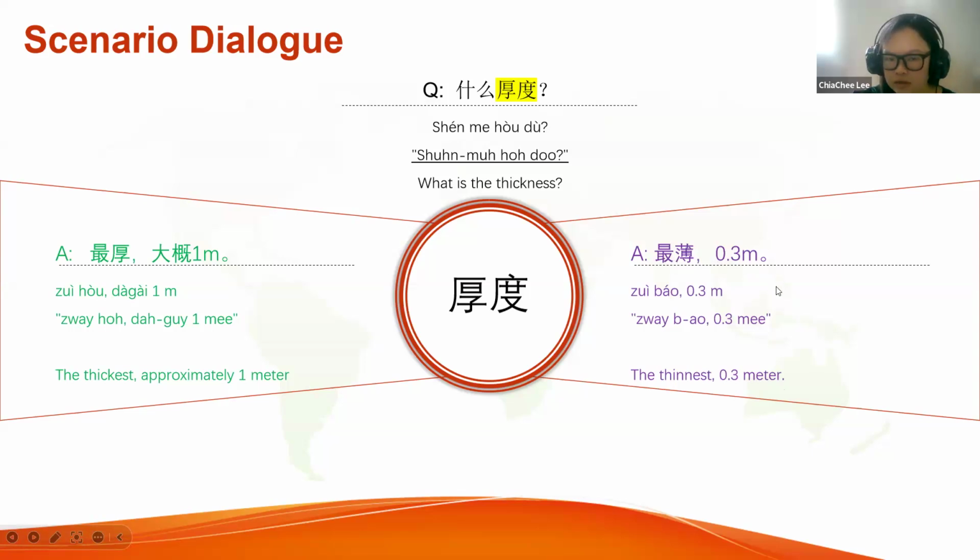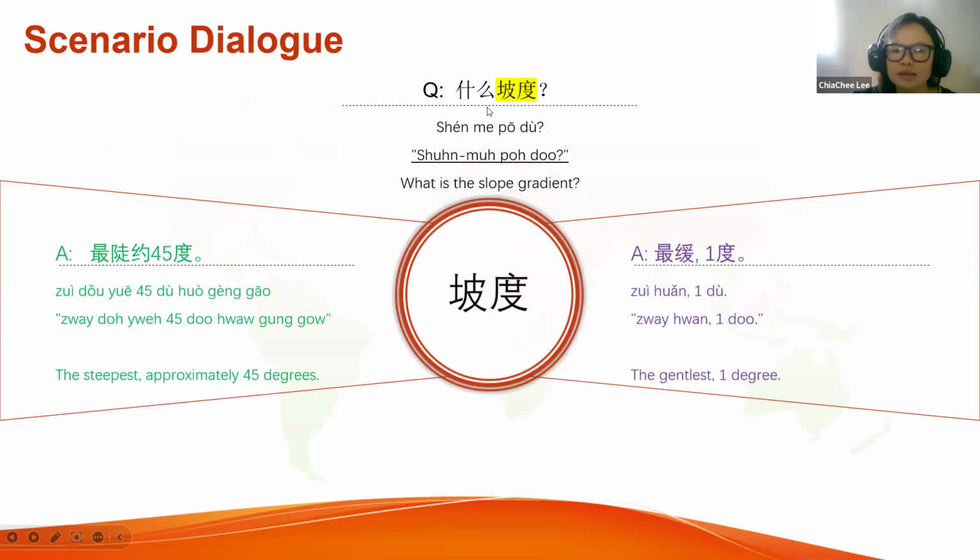This is on 厚度. Well, for the slope gradient 什么坡度 we're checking on the degree. So degree will be like the steepest we will say 最陡 the steepest and then approximately is 约 is like E plus where are you a little bit faster 约.